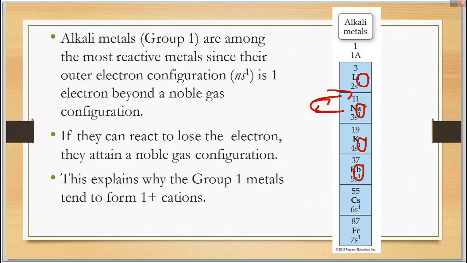For instance, here, if they lose 1 valence electron, sodium could be like neon. Here, if potassium loses 1 electron, the potassium could be like argon. If they can react to lose an electron, they attain the noble gas configuration, which explains why the first group tend to be +1 cations.